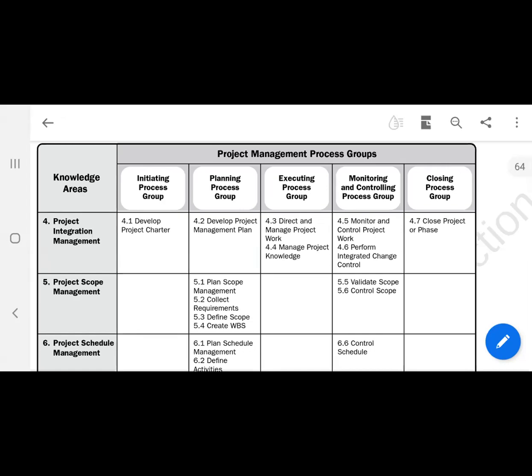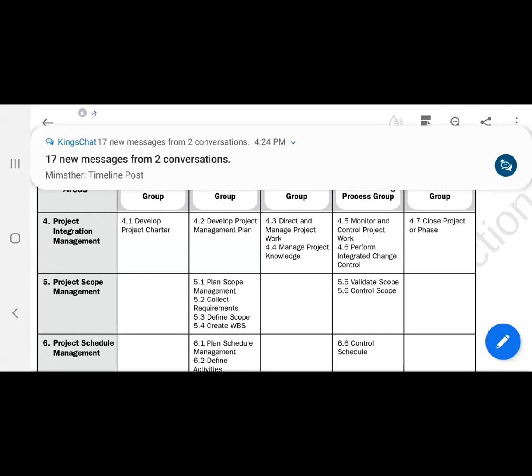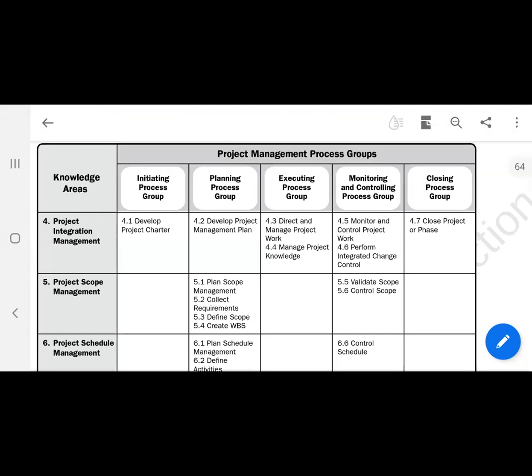Now we need to know the inputs, tools and techniques and outputs for each of these processes. And we said last time that the way to study a process is to first of all define that process, describe the concepts surrounding the process and the knowledge area, and then you perform the analysis on the inputs, tools and techniques and outputs.